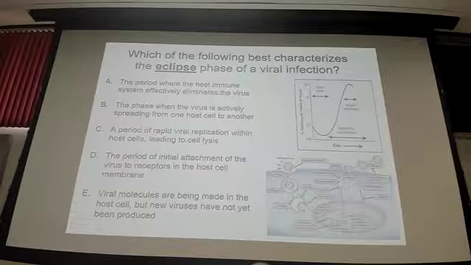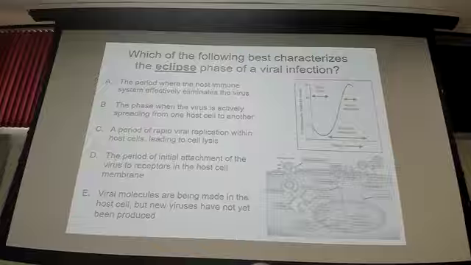No. We talked about budding and the ability for some cells to survive and withstand a lot of that. So that is a little bit too specific for it to be a general true statement. The rapid viral replication, some of them, and rapid compared to what? Some of them are slower than others. So yeah, viral replication might take place in the eclipse phase, but this is too specific and not the best choice.